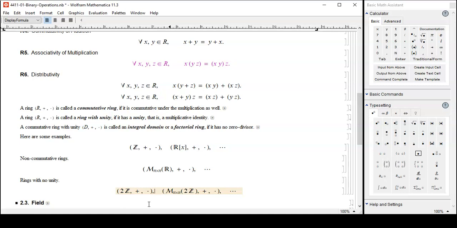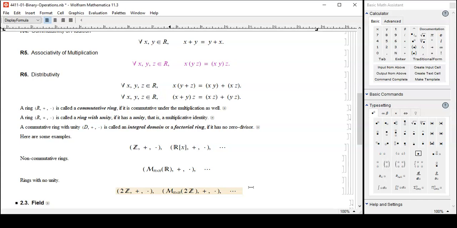We can create an example like that with matrices. Take the set of square matrices with even integer entries. And then it's easy to see that this is closed under matrix addition and matrix multiplication, because an even number plus an even number is even, and an even number times an even number is even as well.